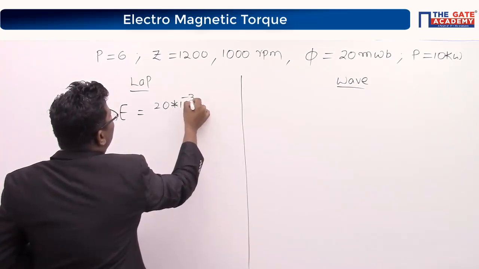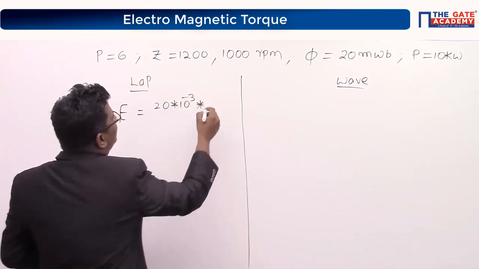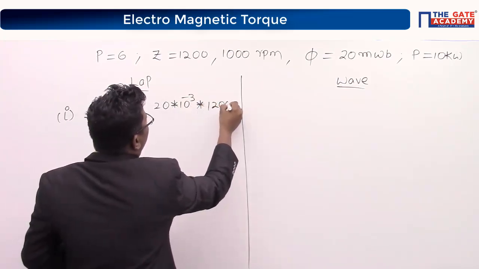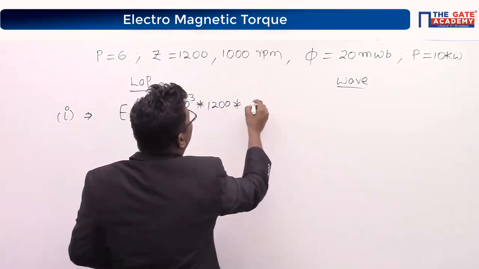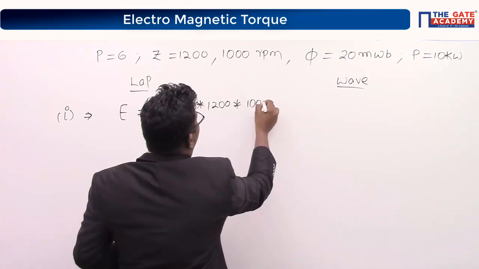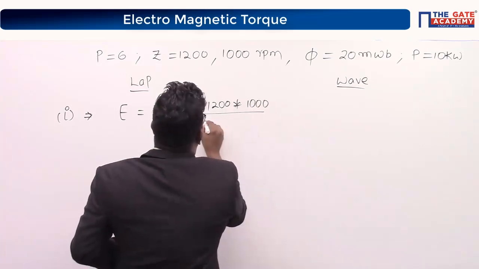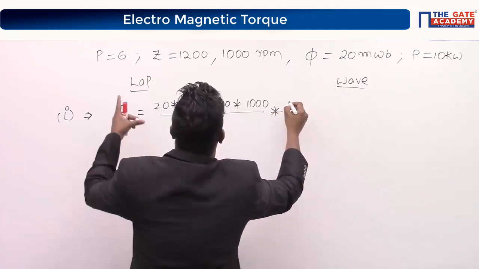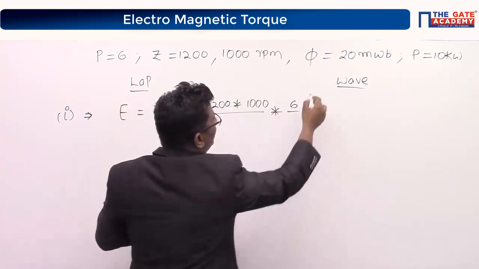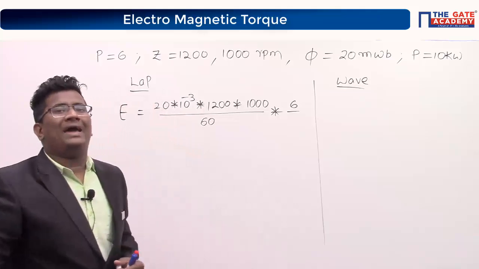Z, how much? 1200. N, how much? 1000 by 60. Poles, how much? 6 by. Now you tell me how many parallel paths are there?